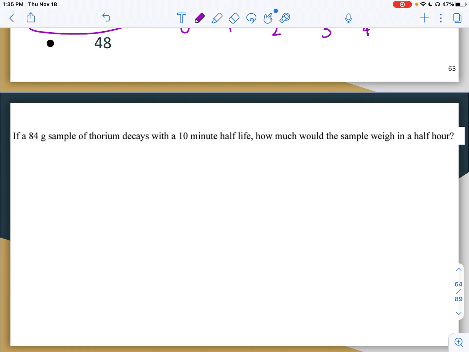If an 84-gram sample of thorium decays with a 10-minute half-life, how much would the sample weigh in a half hour? At 0, it's 84. 10 minutes is going to be 1 half-life, 20 minutes will be 2 half-lives, and 30 minutes will be 3 half-lives.